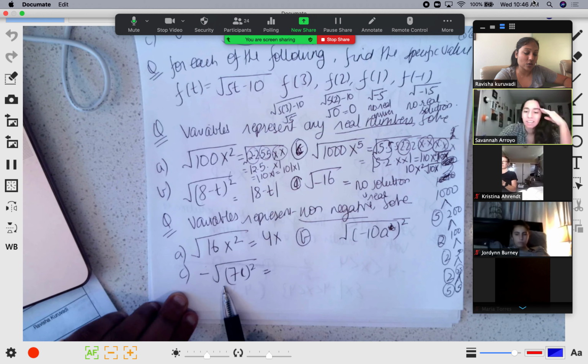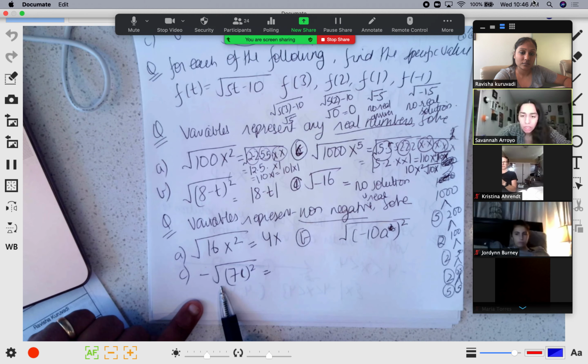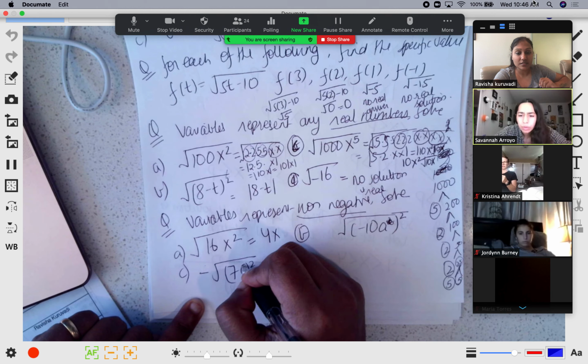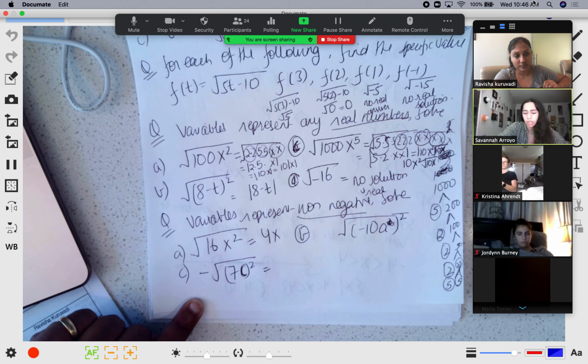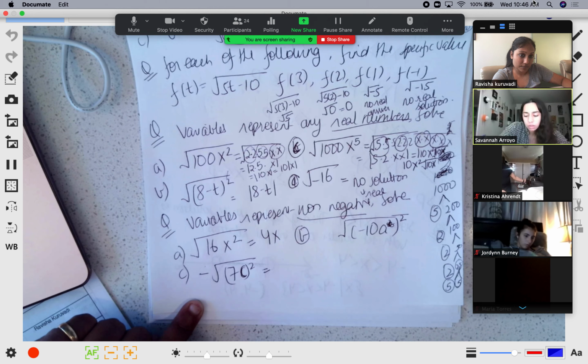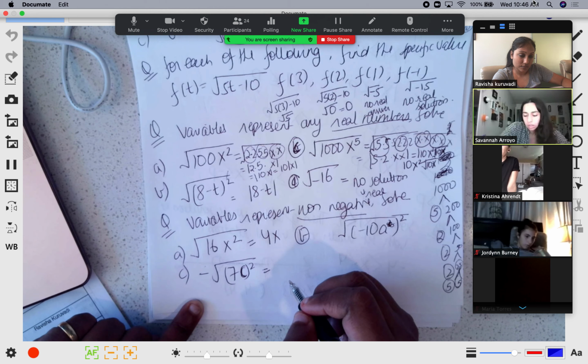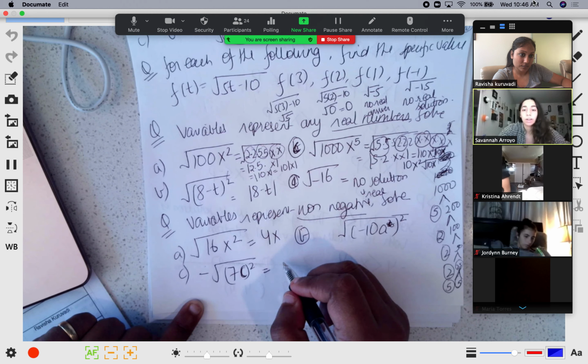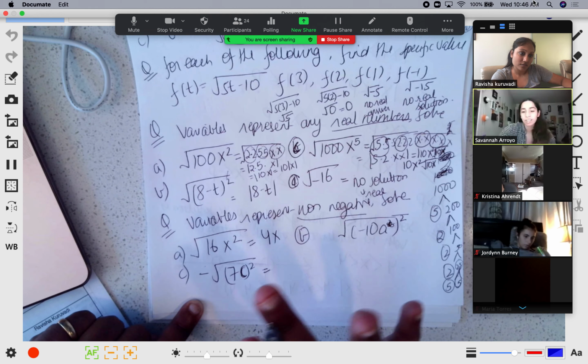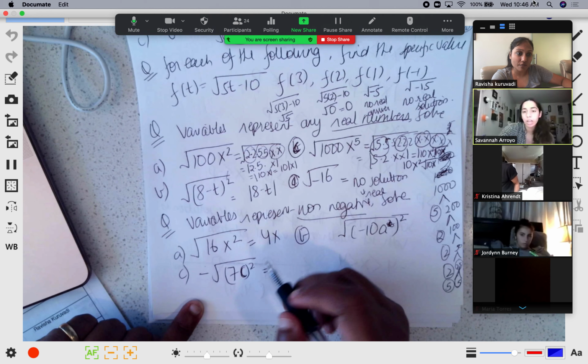Okay, what about the C one? It says 7C. I might need a little help with this. What do you think is the answer? Do we cancel out the square since it's being squared? Yes, since square and square root are opposite of each other, they cancel.